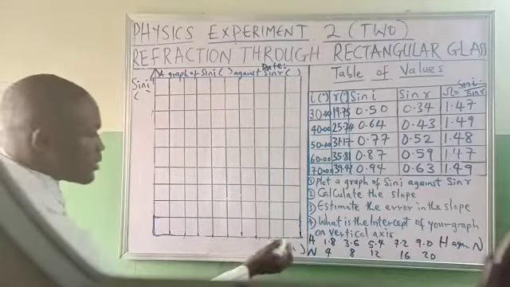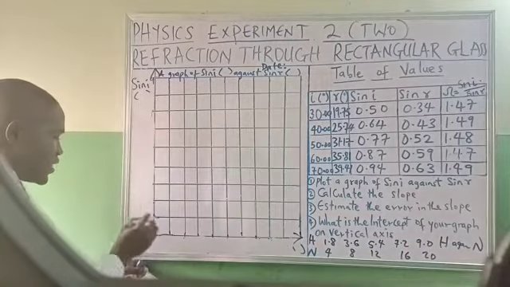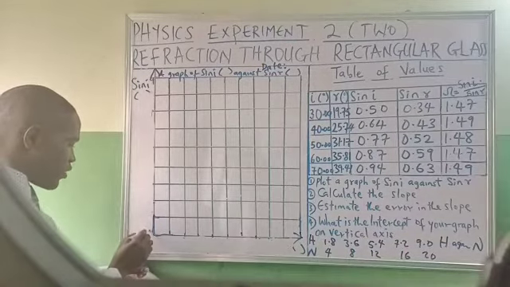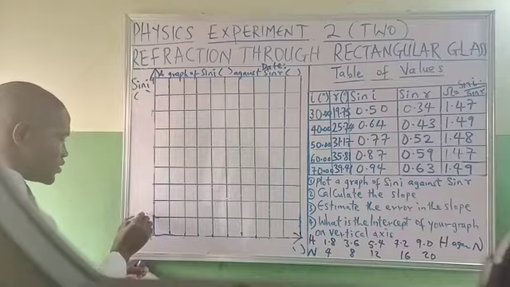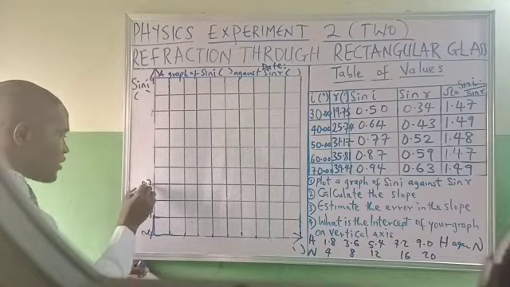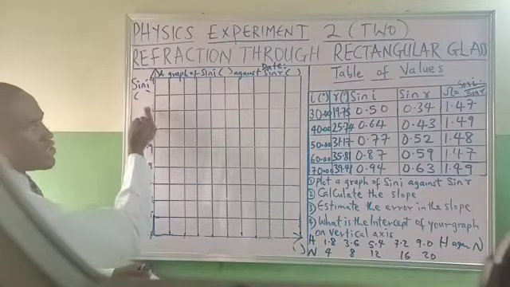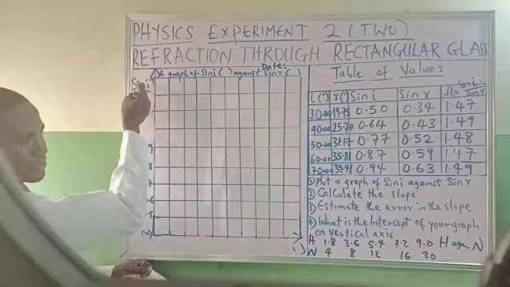You know why? If I start from here, for the vertical axis, if I start with 0.4, then 0.5, 0.6, 0.7, 0.8, 0.9, I will see space, right?